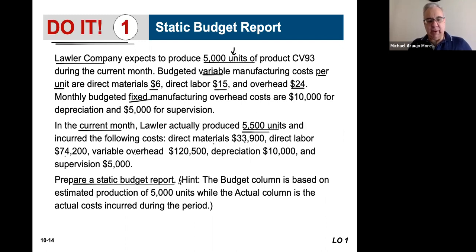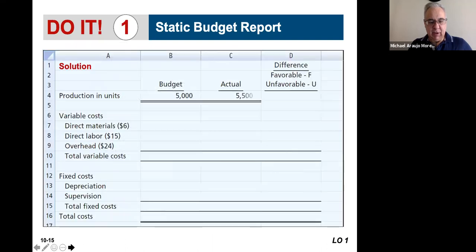So let's take a look at the static budget report. Again, the budget's going to be based on these 5,000 units. In terms of our variable costs, we budgeted for 5,000, and at $6 a unit, we were expecting to spend 30,000 on direct materials.